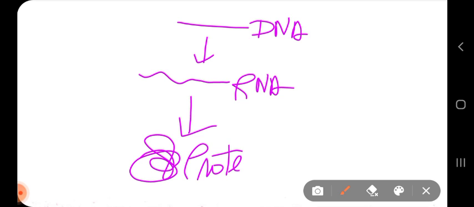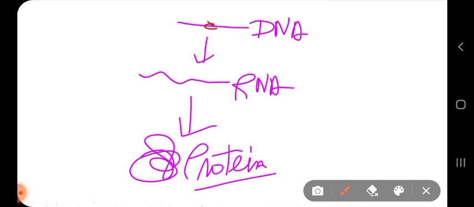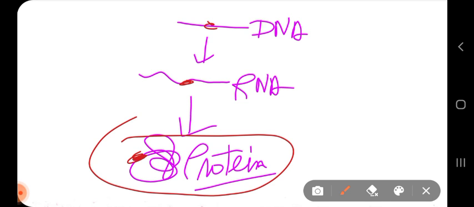Now, if there is a mutation in the DNA, it will give an imperfect, abnormal RNA, and that will create an abnormal protein product which will have a fatal effect on the organism.